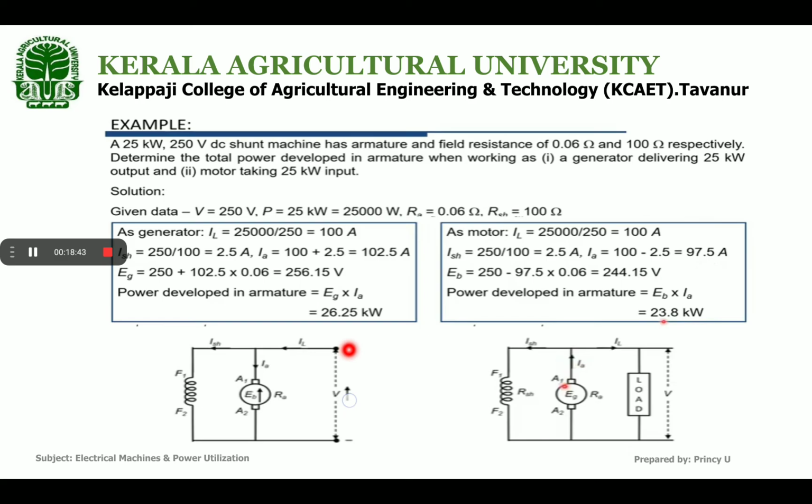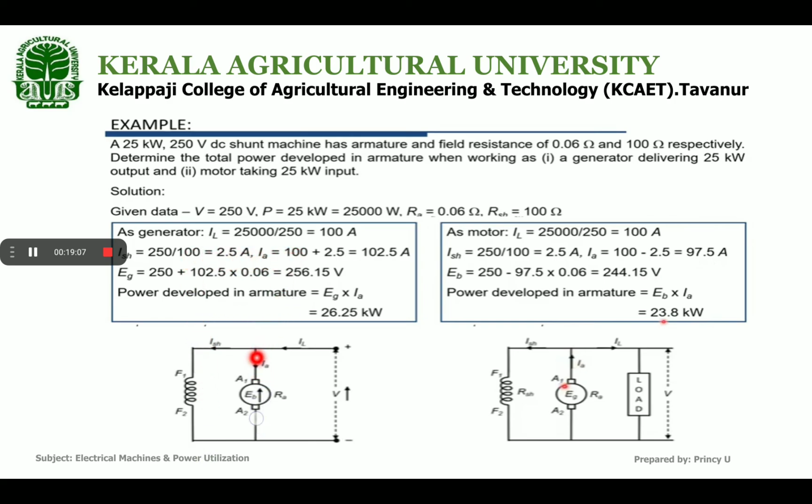To find the load current, what can we do? We get the 25 kilowatt as the delivered output power. So 25 kilowatt divided by V, from P equal to VI, we get I as 100 ampere. And what will be the shunt field current? We know the voltage across the shunt field winding. So V by Rsh will give the shunt field current.